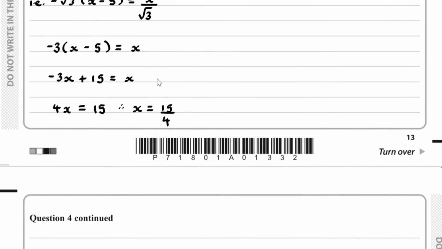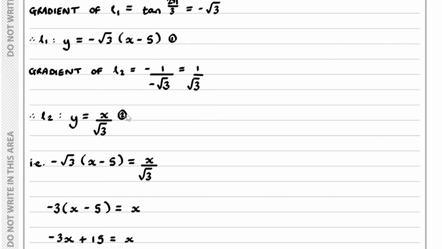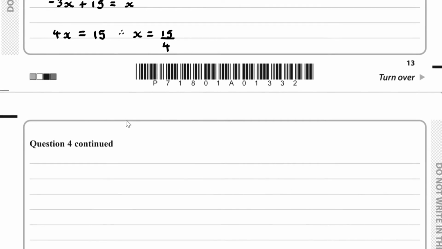And knowing what x is, we can now find out what y is by substituting into equation 2. So, with x equaling 15 over 4, that would imply that y is equal to 15 over 4 times the square root of 3.